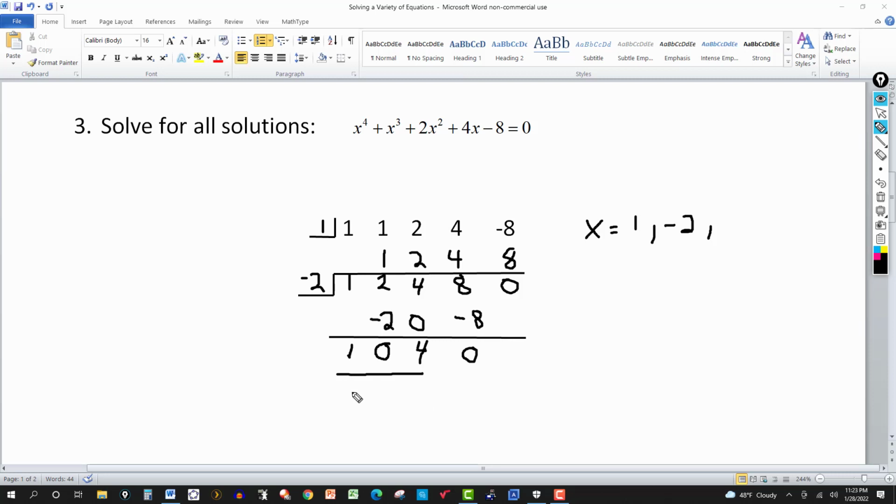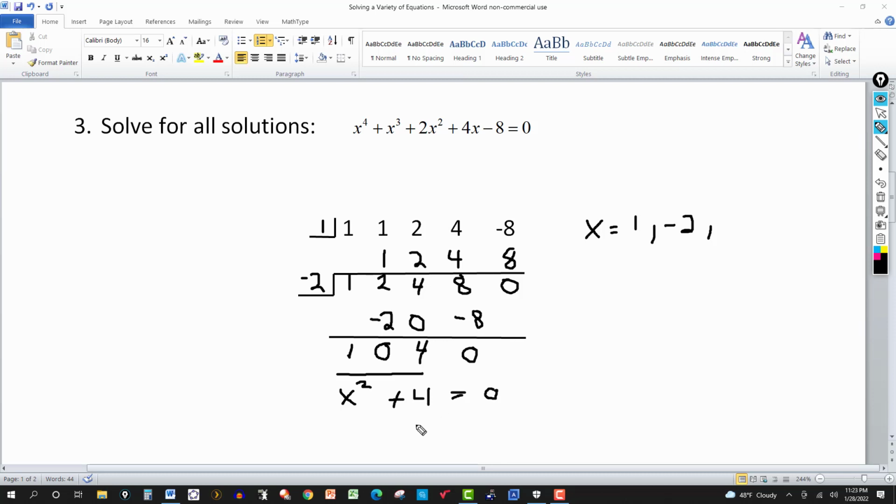So this would say, okay, I have an x squared, 0x, so I'll leave that out, and then plus 4. So the 2 remaining solutions are going to be the numbers that make this x squared plus 4 equal to 0.